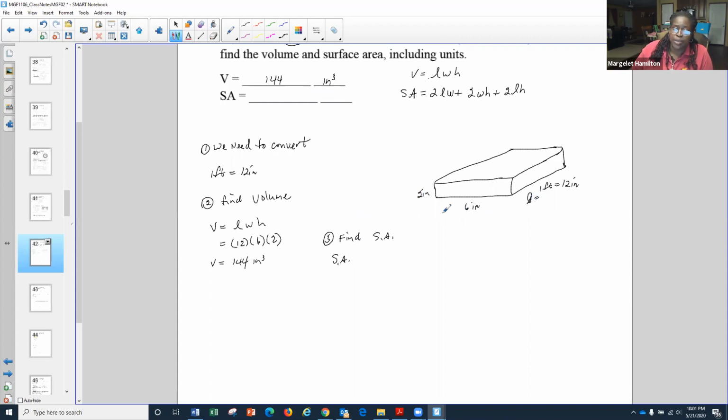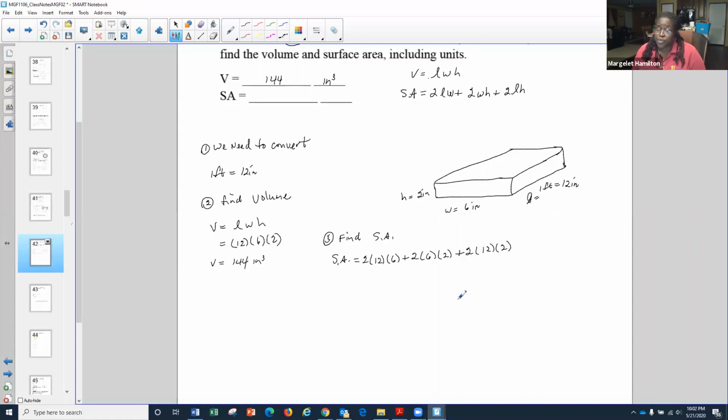This is our W. This is our H. And we're plugging into our surface area formula. So we have 2 times our L, 12 times 6, plus 2 times 6 times 2, plus 2 times 12 times 2. There's our plug-in.